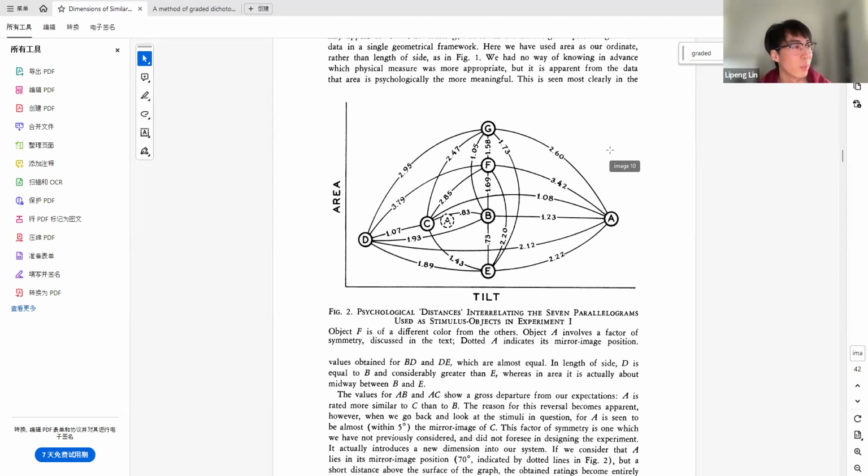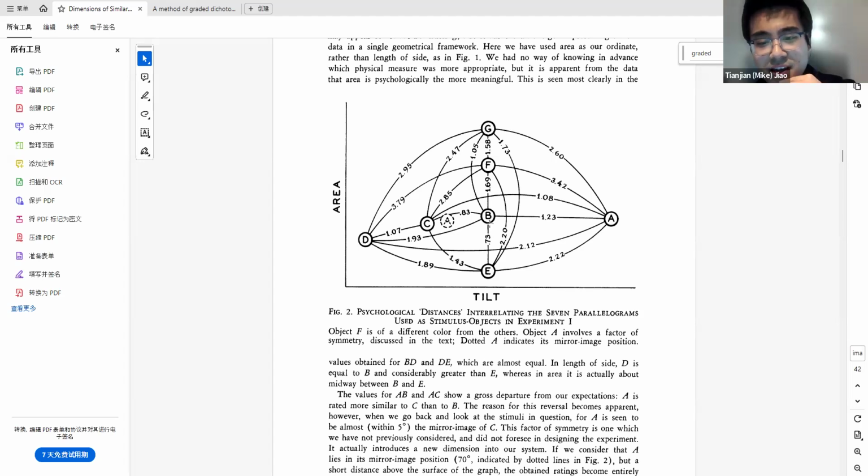Then we add maybe A and B and G and B together. I think we're on the right track.